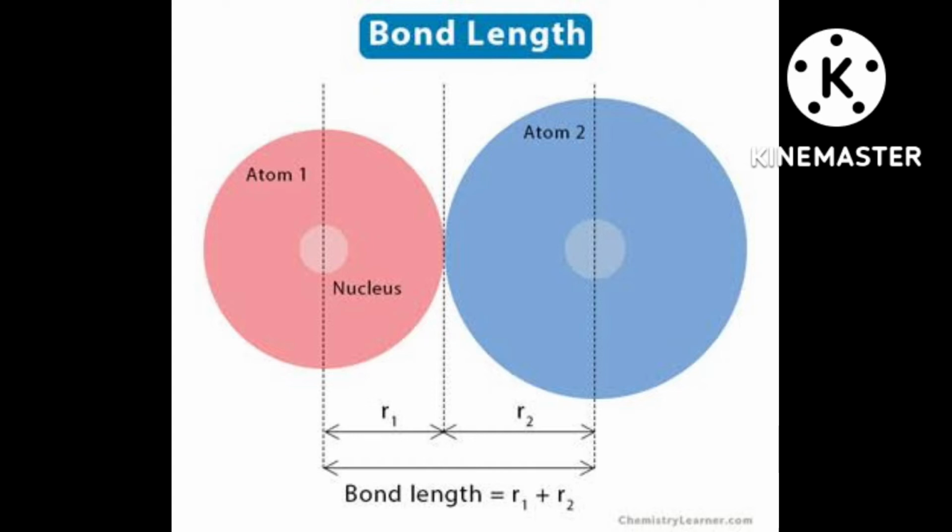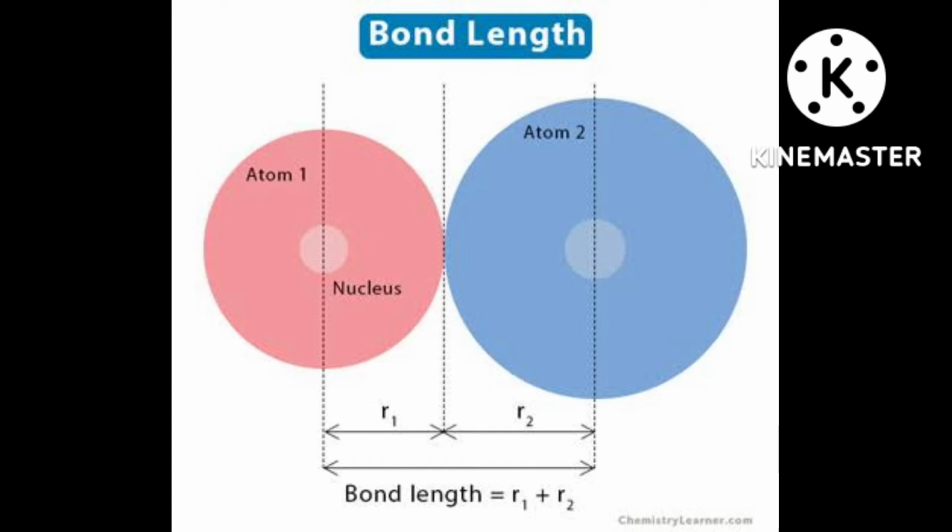Suppose NaCl is there, Na plus Cl minus is there, 1 mole of NaCl you are heating, then how much energy is required to completely bring it to the gaseous state. That energy is called lattice energy or lattice enthalpy.